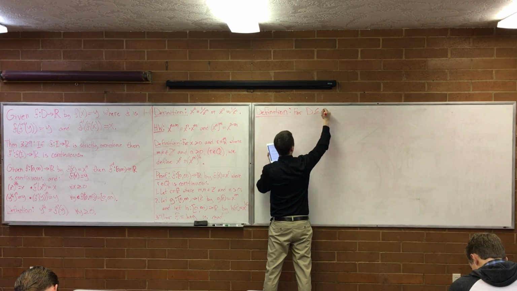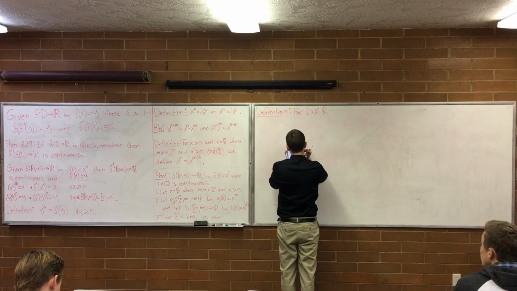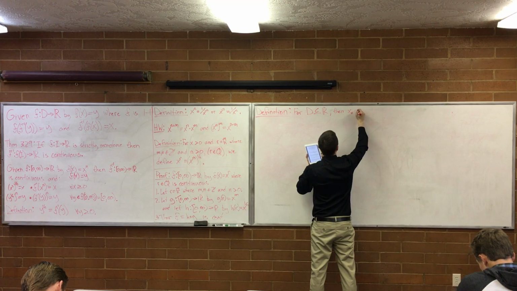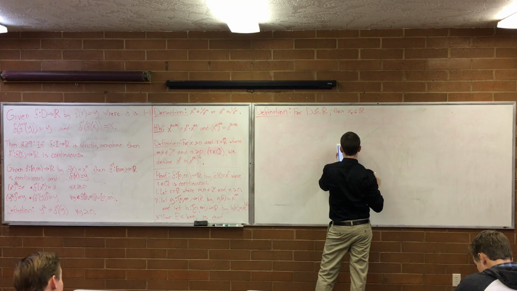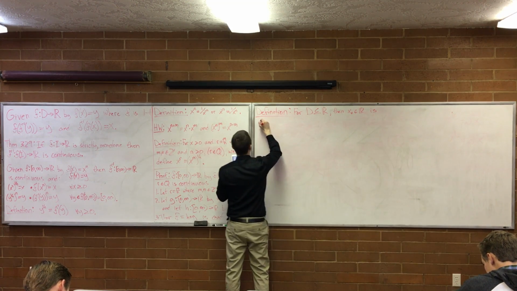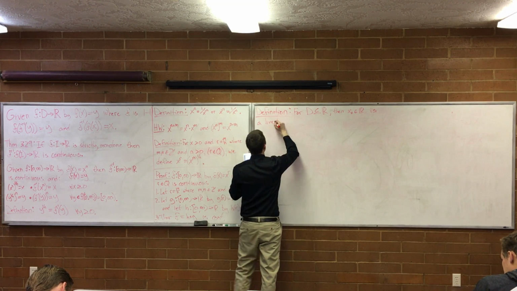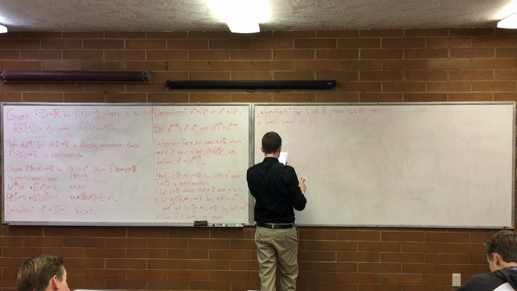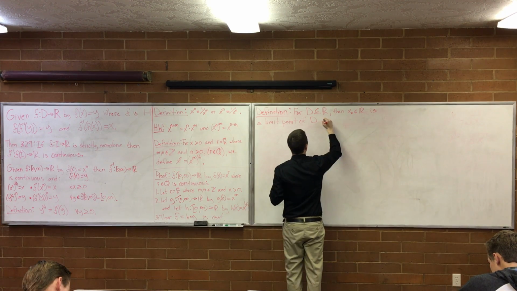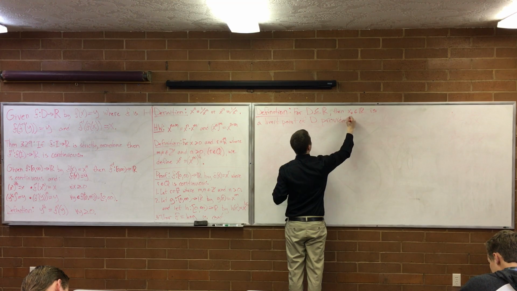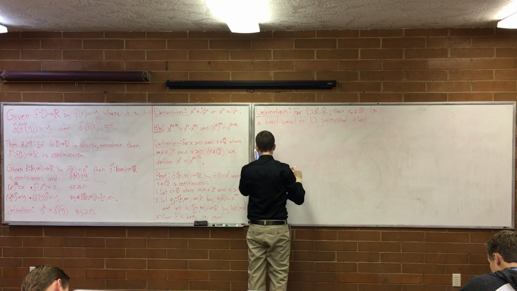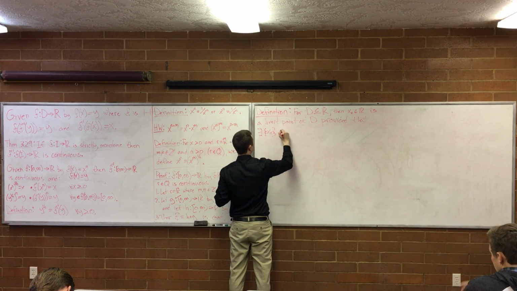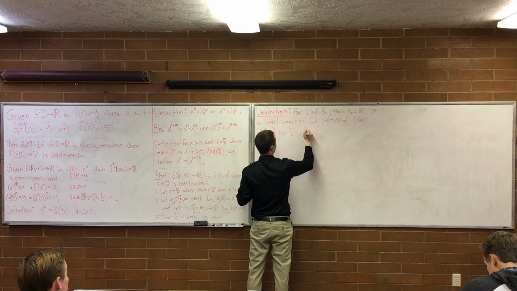For some set of real numbers D, then x naught in R, some real number x naught, is a limit point of D provided that there exists xn in D minus x naught, so not including x naught.